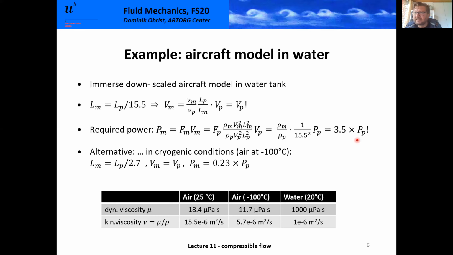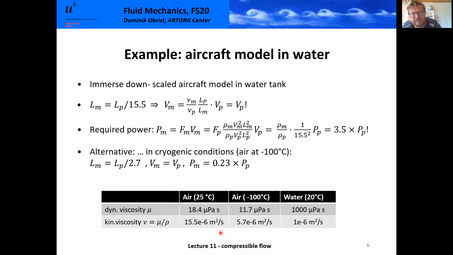An alternative, and this is where cold air comes into play. Cold air has the benefit that it's much lighter, right? It's obviously not 1,000 kilograms per cubic meter like water. It's roughly 1 kilogram, or actually 2 kilograms per cubic meter.